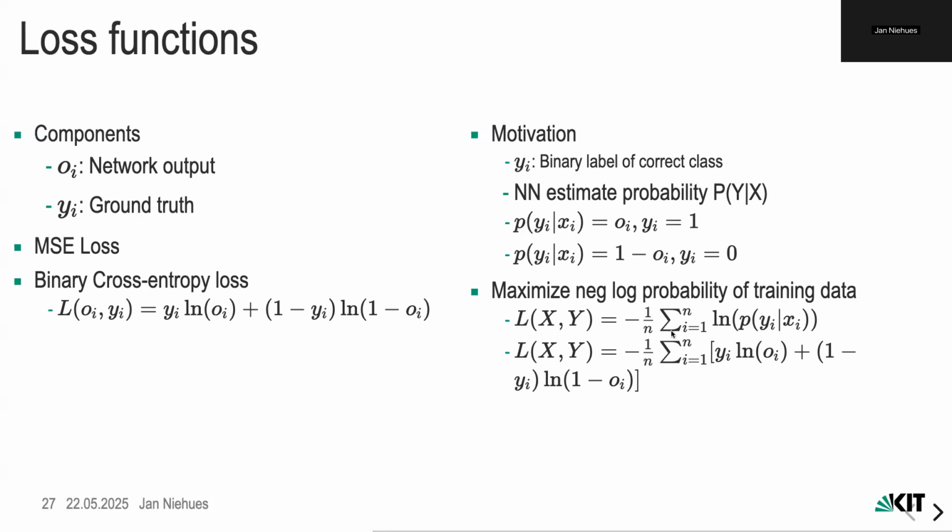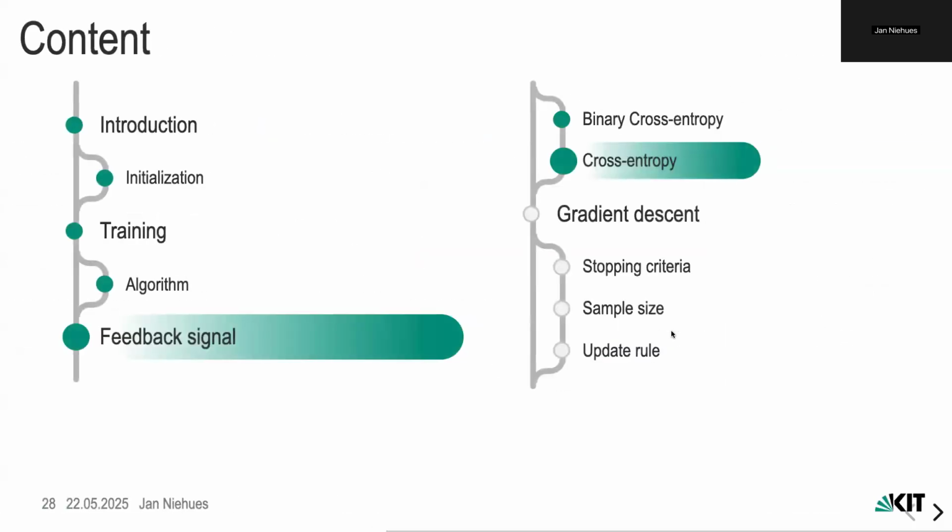Just optimize that. Now, it is often the case that you don't have a binary classification problem, but you have more classes. And then you can easily extend that. And that is how you typically train a general cross entropy loss.